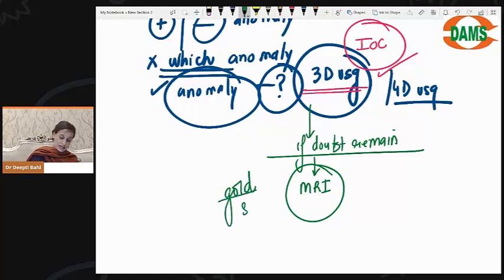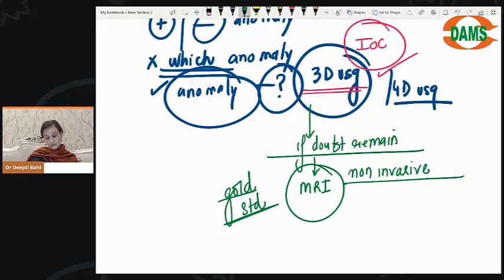MRI is the gold standard investigation. It is non-invasive, right? So it is a gold standard investigation, non-invasive, but it is much more expensive than ultrasounds, okay?